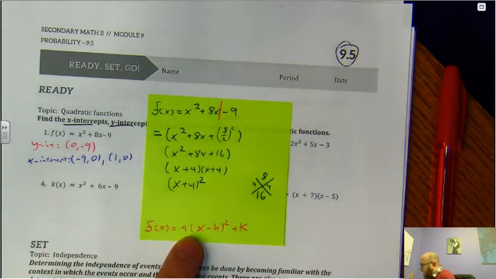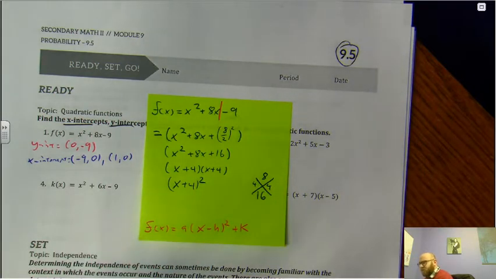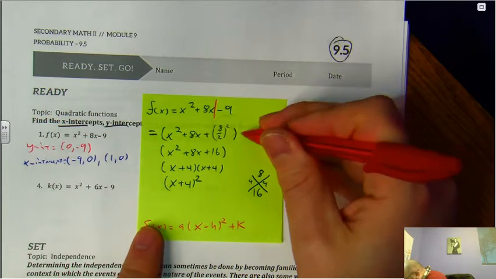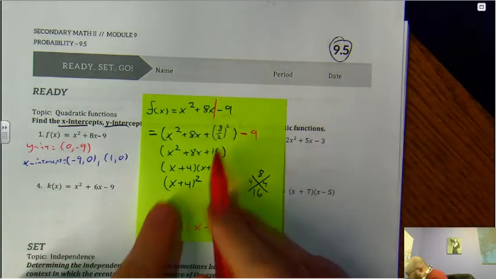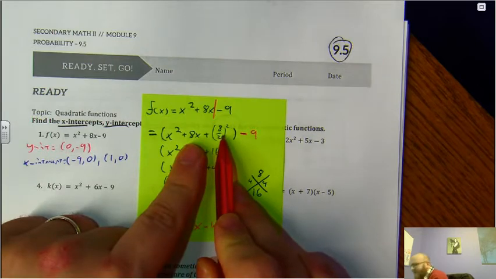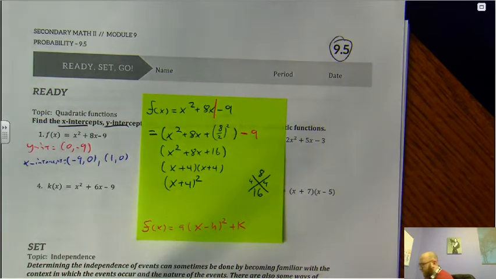And now I have to keep in mind that I did all this funny business with this ignored number, −9. I have this −9 over here, so there's really a −9 over here. But look at what happened: I added this (8/2)². I can't just add numbers willy-nilly. I can't just add numbers without taking it from somewhere.